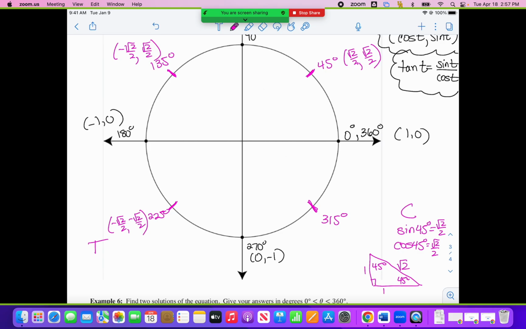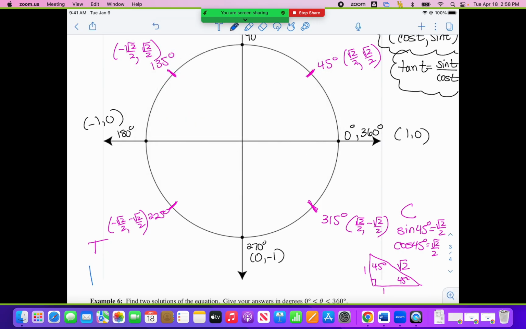So at 225 degrees, that's negative square root 2 over 2, comma, negative square root 2 over 2. In the fourth quadrant, cosine is positive and sine is negative. So at 315 degrees, the x-coordinate has a value of positive square root 2 over 2, and the y-coordinate is negative square root 2 over 2.